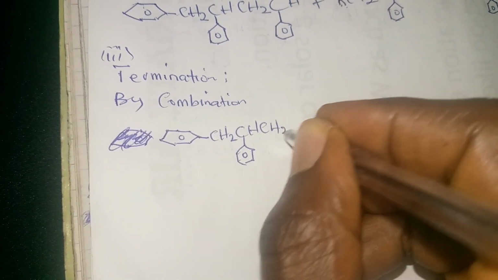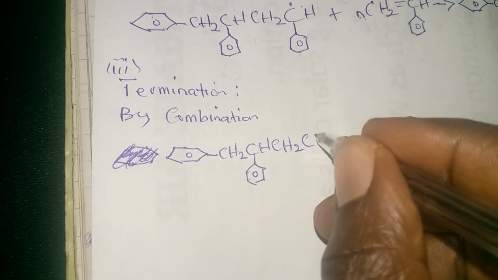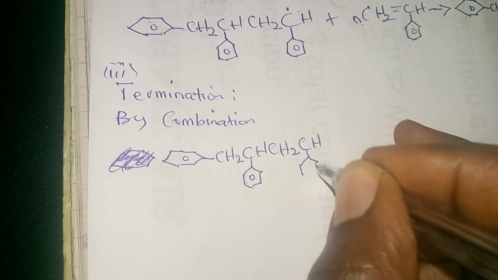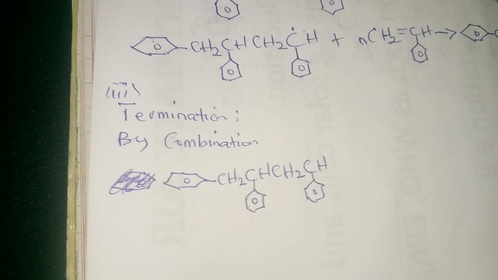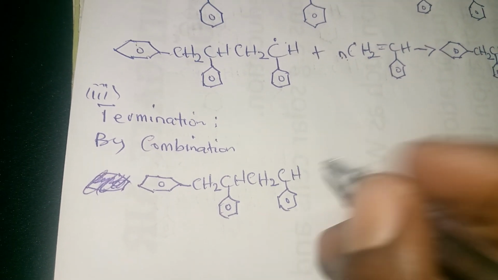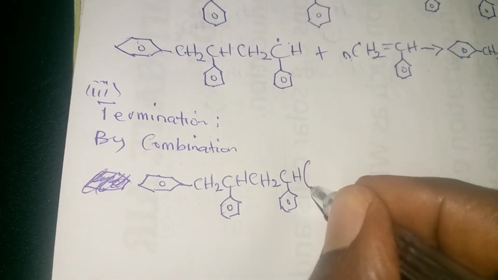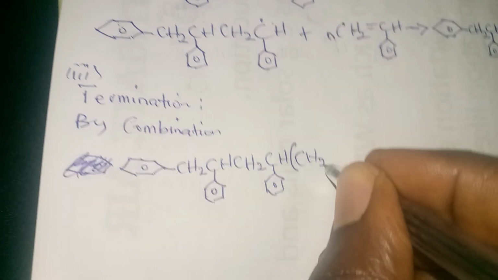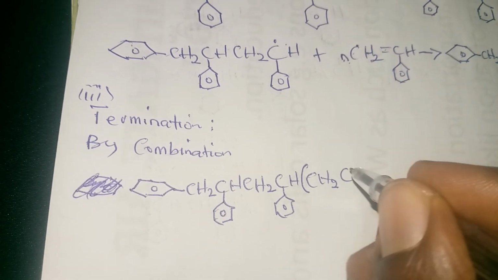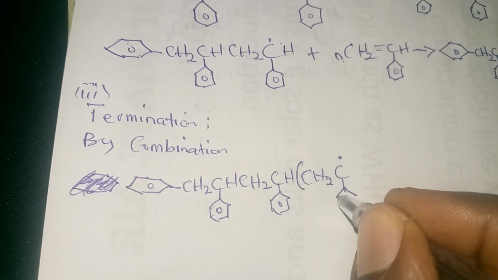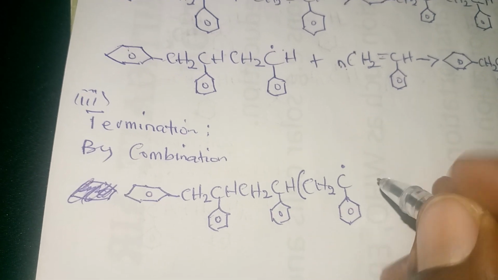CH2, CH2, CH, my phenyl group again. You have your open bracket there. CH2. See my free radical here. Before I forget it, it's very, very important. If you forget, you have a wrong answer.